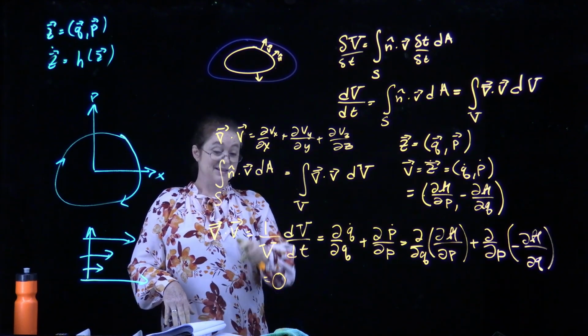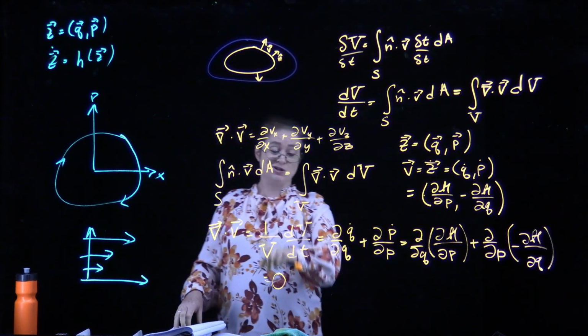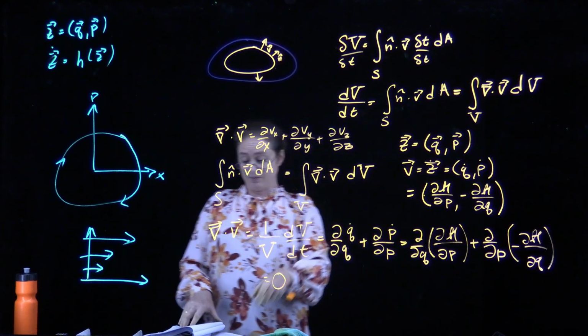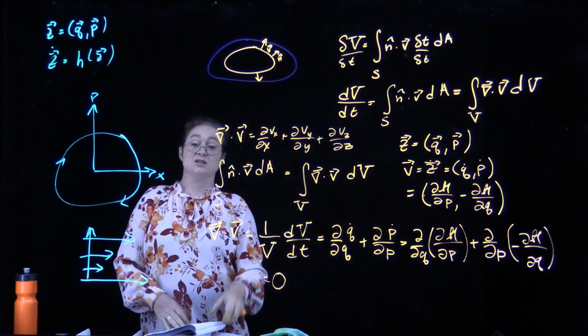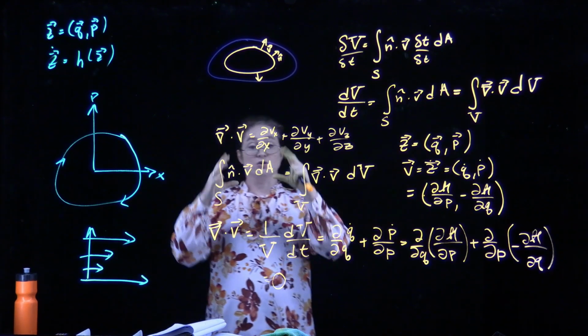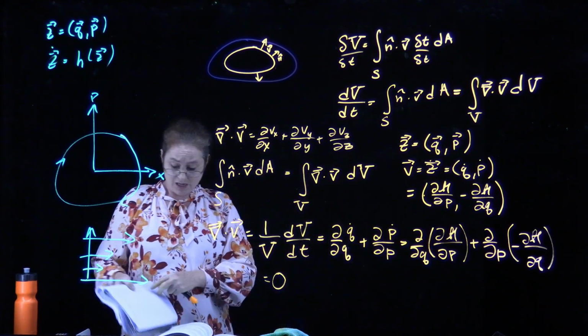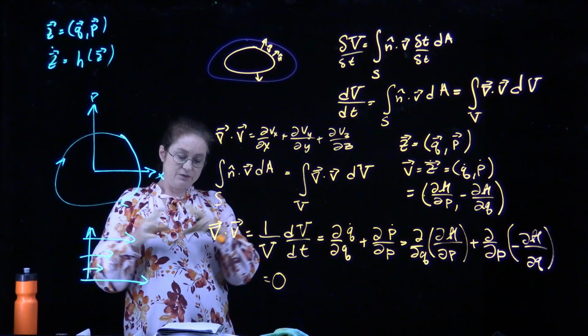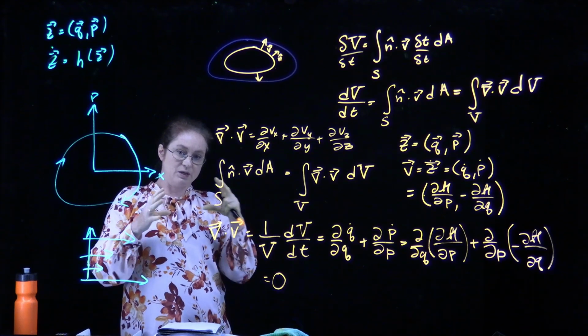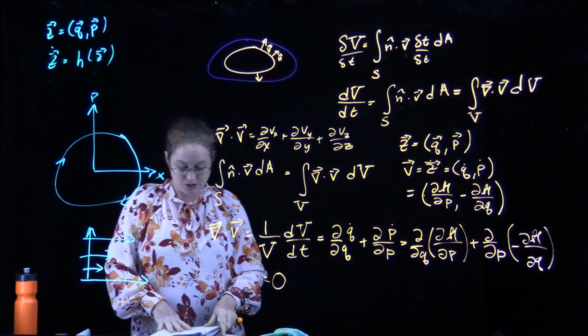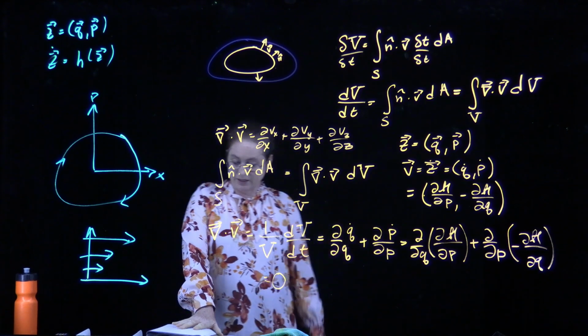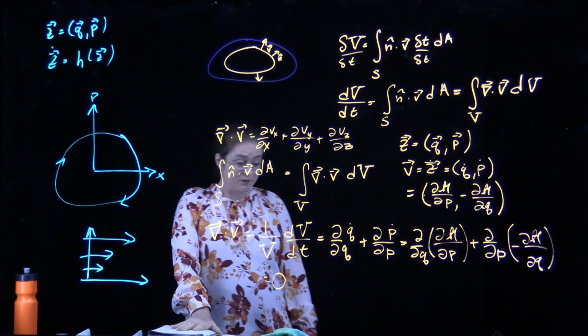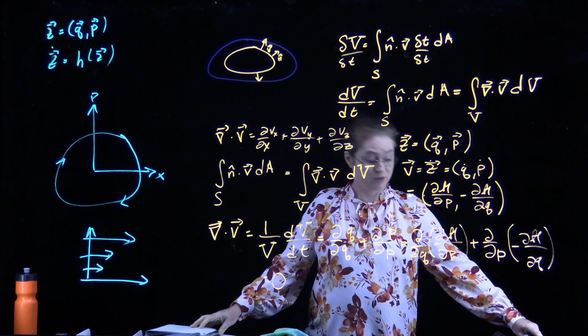So this says that the fractional change in volume as a function of time is 0. So whatever region of phase space you're looking in, the volume in phase space does not change as time goes on. And this turns out to also be valid with a time-dependent Hamiltonian.